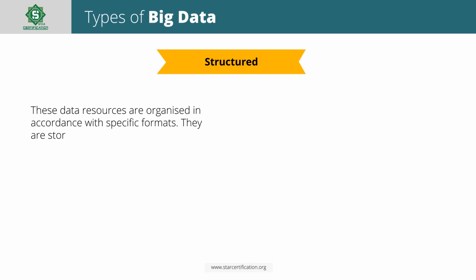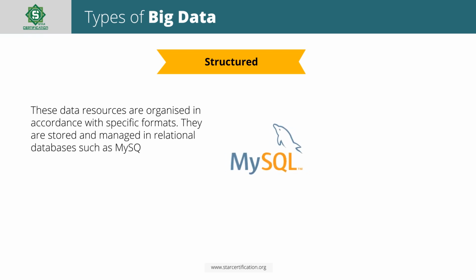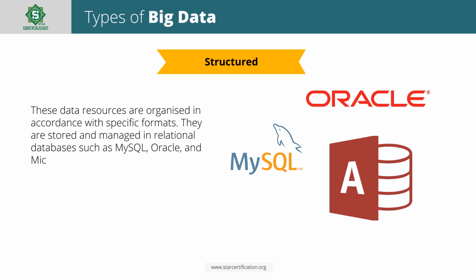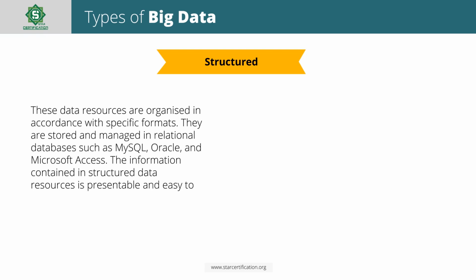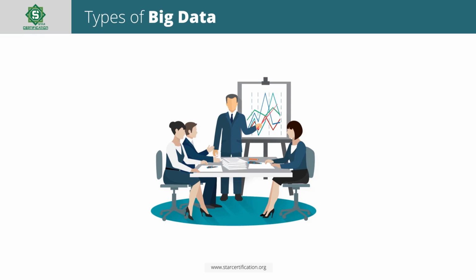They are stored and managed in relational databases such as MySQL, Oracle, and Microsoft Access. The information contained in structured data resources is presentable and easy to understand. The data generated from enterprise systems is an example of structured data.